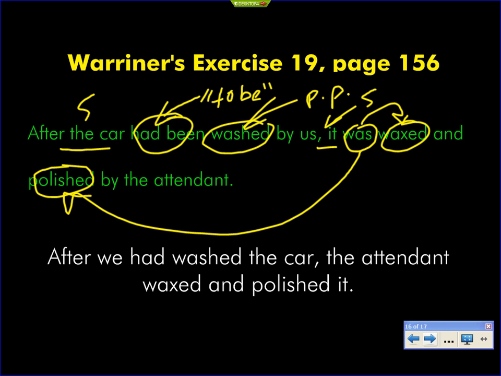This is the easy revision, the number one revision. You can see the by phrase that contains acting subjects. So the simple revision for this is to take those acting subjects and place them in the subject position. And then you've got we had washed, and you have the attendant waxed and polished. Now the subjects are actually doing those verbs, and everything is happy.